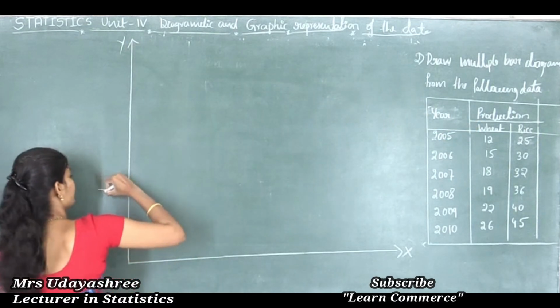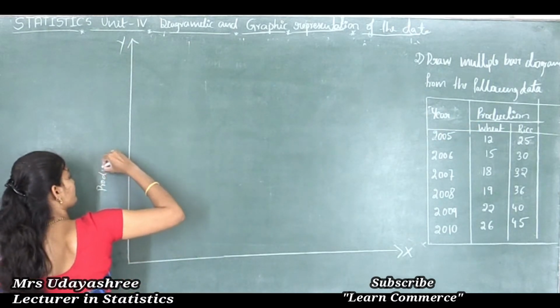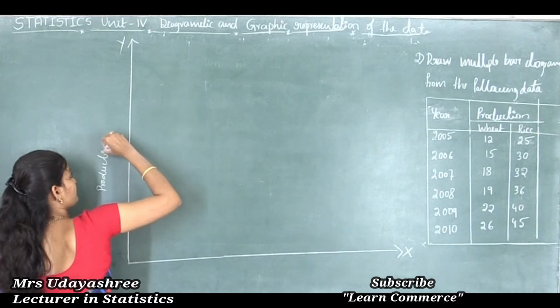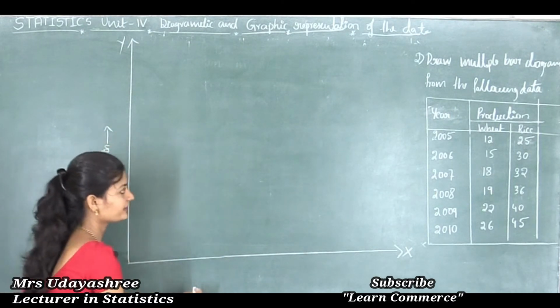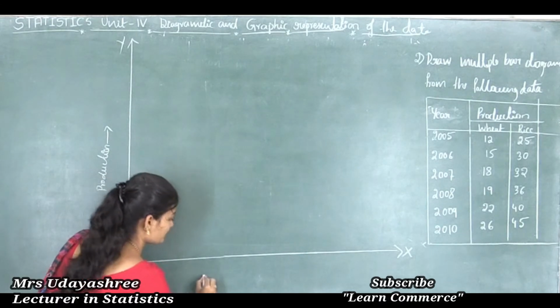So here I will write production and here I will write years.